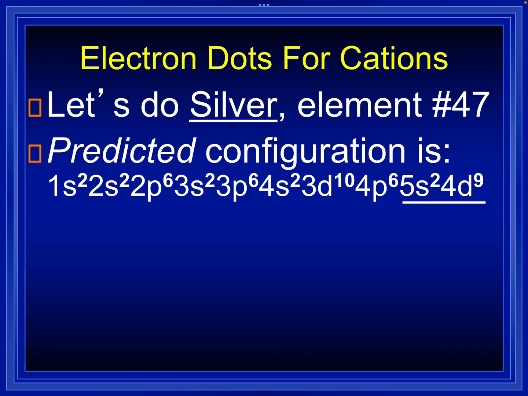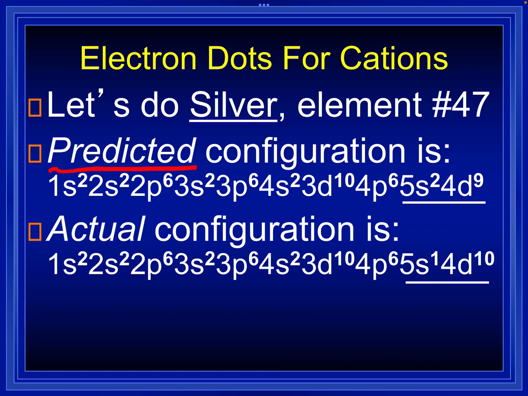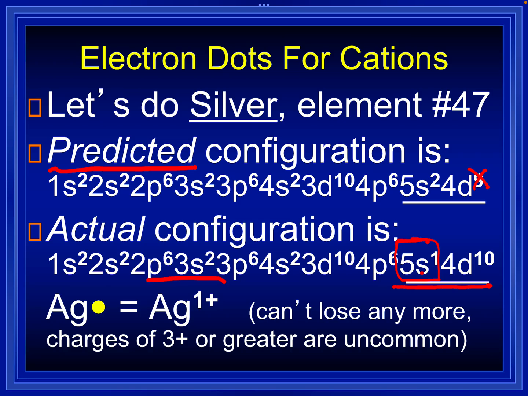Silver is sort of fun. This is what we predict when you were little kids, what the electron configuration for silver would be. But we know that we don't ever have a d9. So we promote an electron from the s to the d, and then we can see that the electron we want to lose is that 5s, which will give us a 1 plus ion.